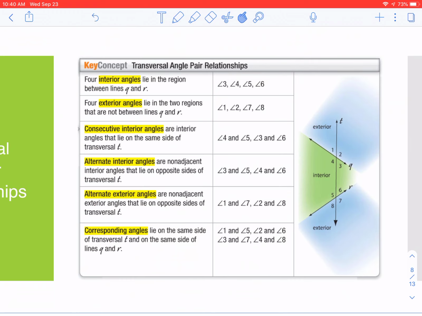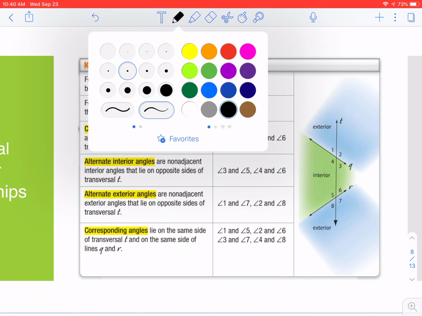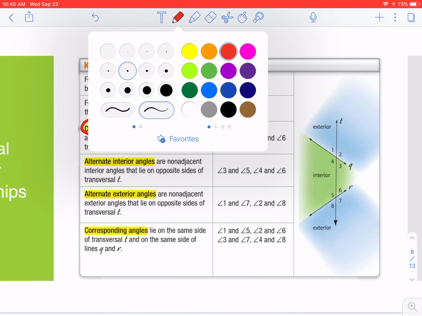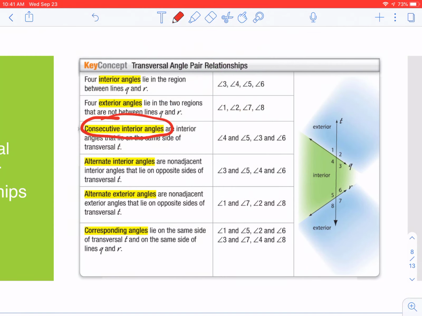Okay, what we're going to do here is we are going to call the consecutive interior, we're going to give them an optional name, that one right there, and the optional name for those is going to be same side interior.